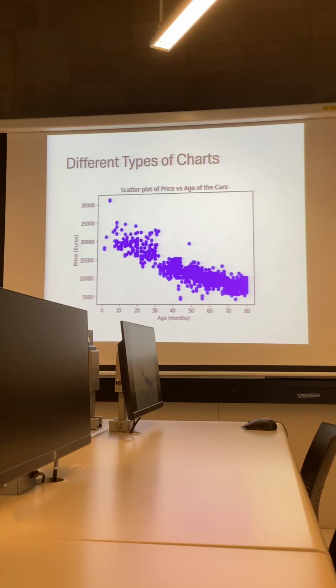Price and age. Now, if you have money around 10,000 until 15,000 euros, what age of car can you buy? If you have 15,000 until 20,000 euros, what age of car can you buy?